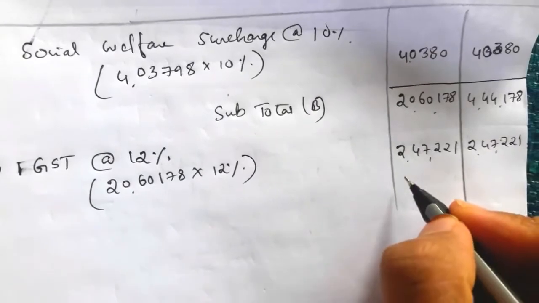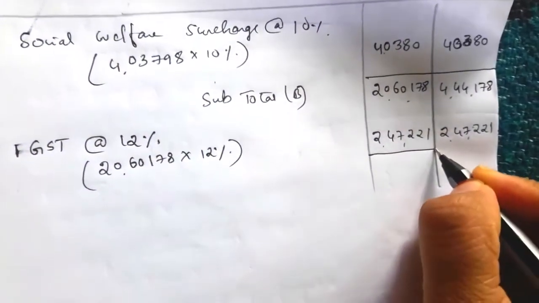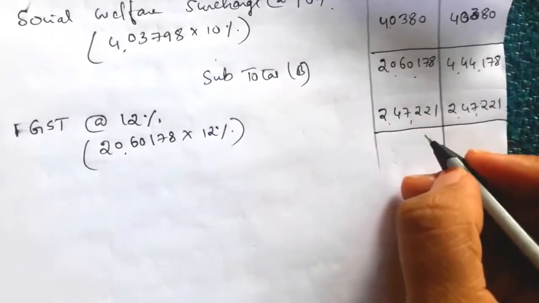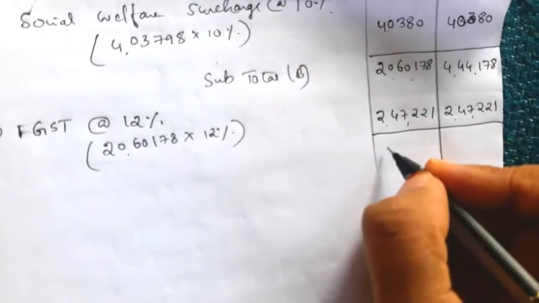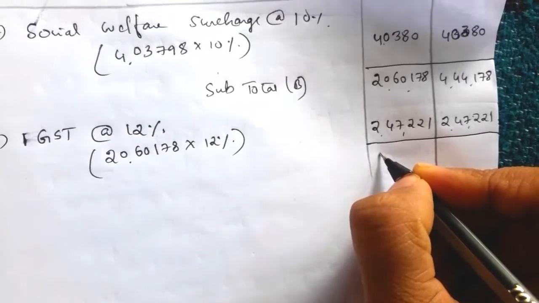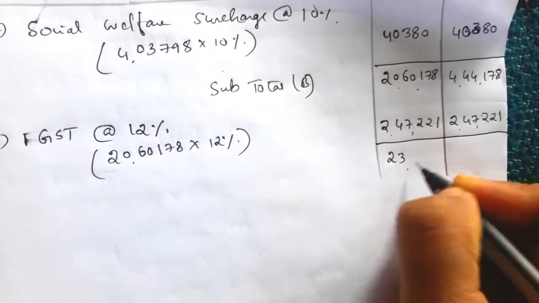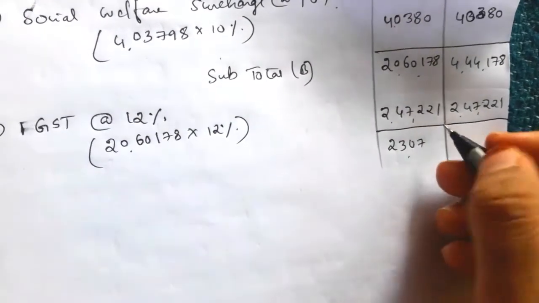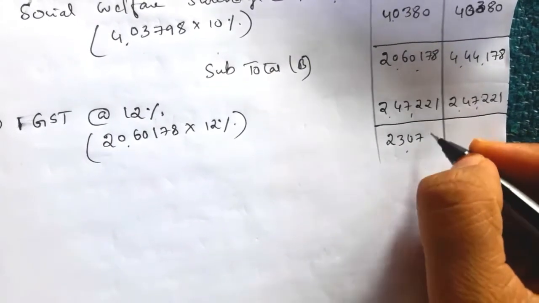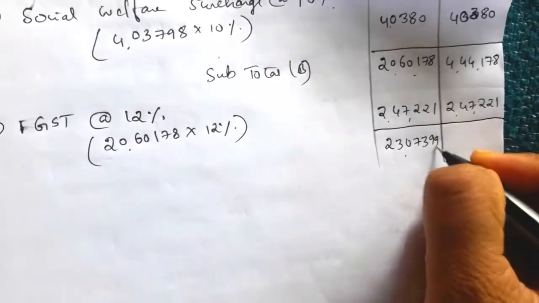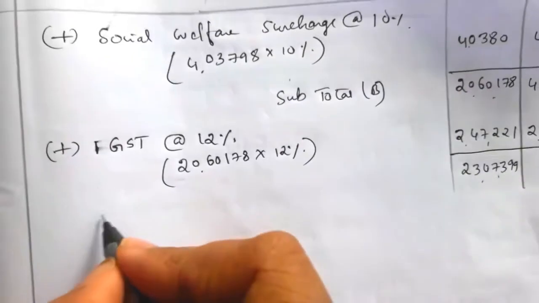There is no compensation cess; they have said to ignore compensation cess. So now we'll arrive at the final answer. The total is equal to 23,07,399.